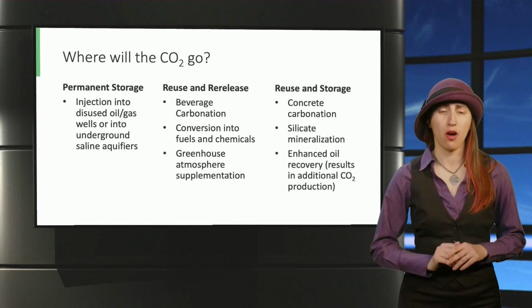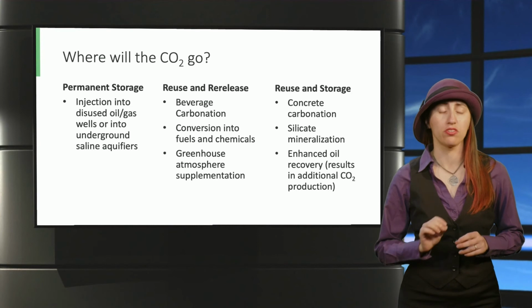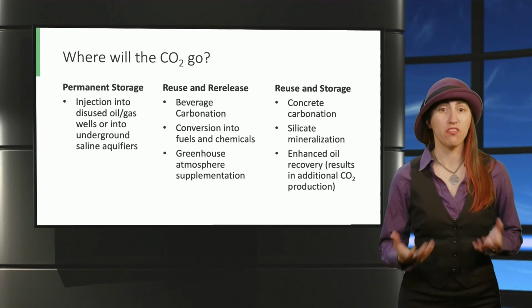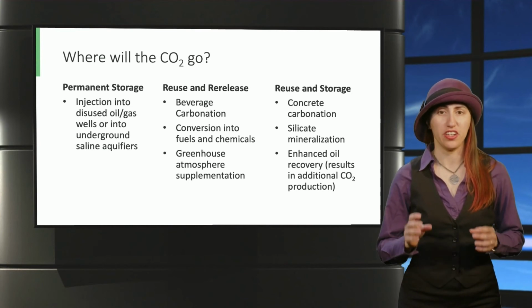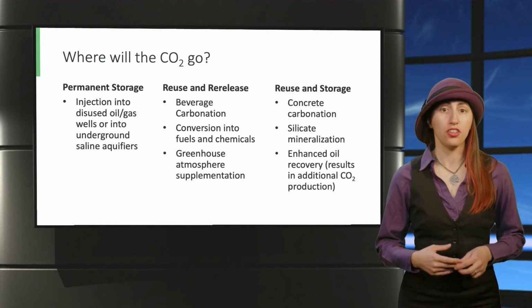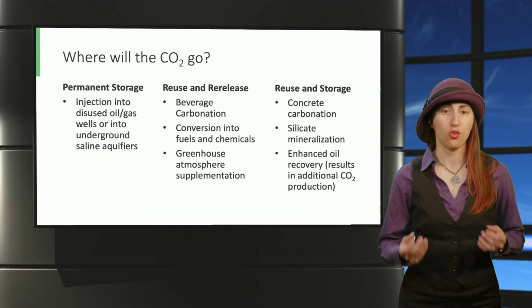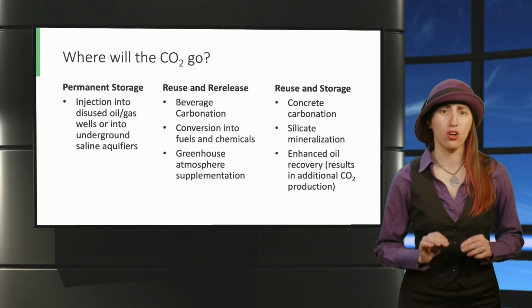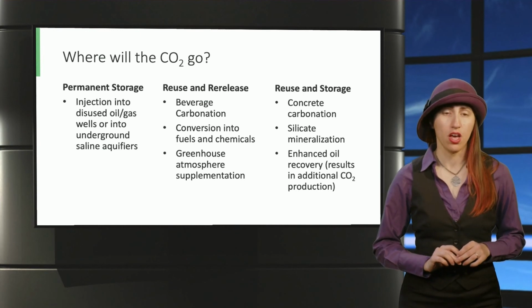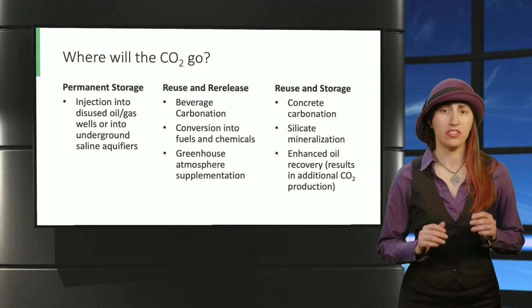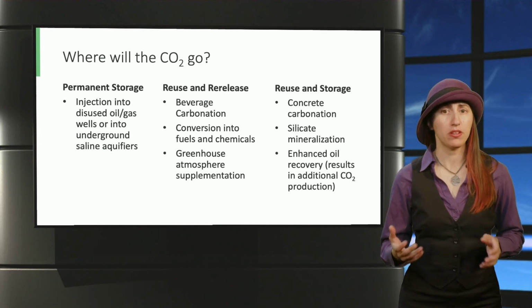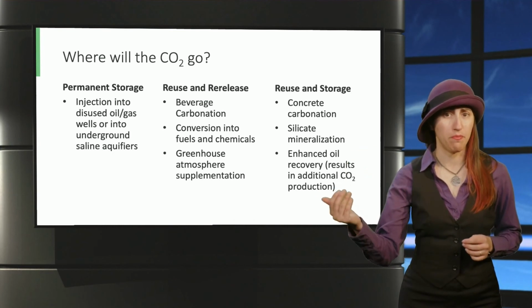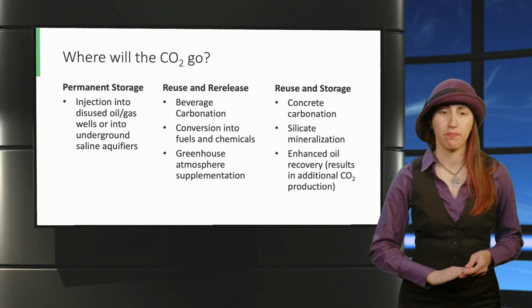A few types of carbon dioxide reuse can result in long-term storage, such as mineralizing the carbon dioxide into concrete or silicates. The use of carbon dioxide in enhanced oil recovery does also store CO2 underground, but the CO2 emitted from the additional oil recovered typically leads to more carbon dioxide being emitted than was stored.